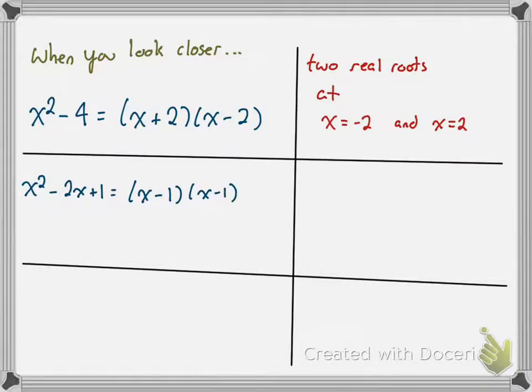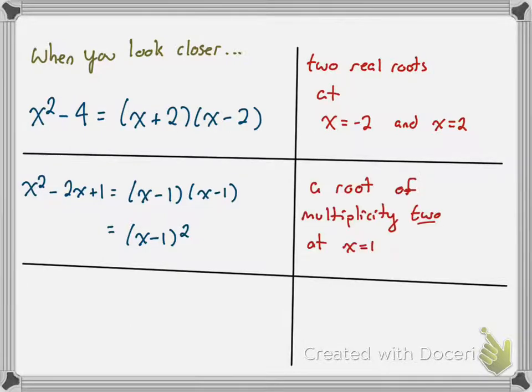Simplifying that even further, we could write that as x minus 1 to the second power. So, remembering what we talked about with multiplicity, that means that we have one root at x equals 1 of multiplicity 2.